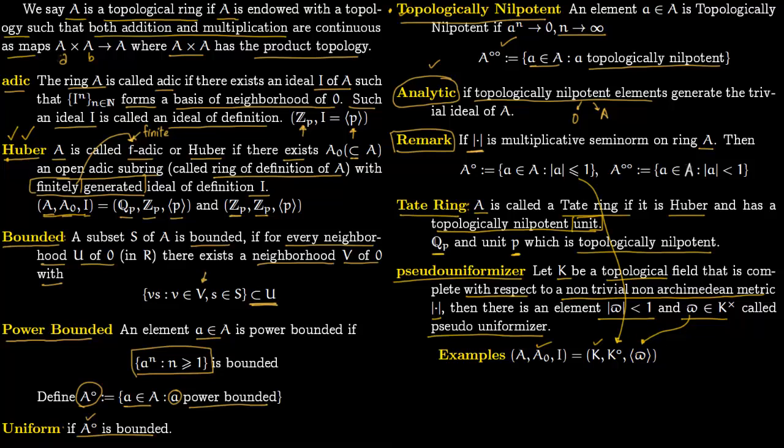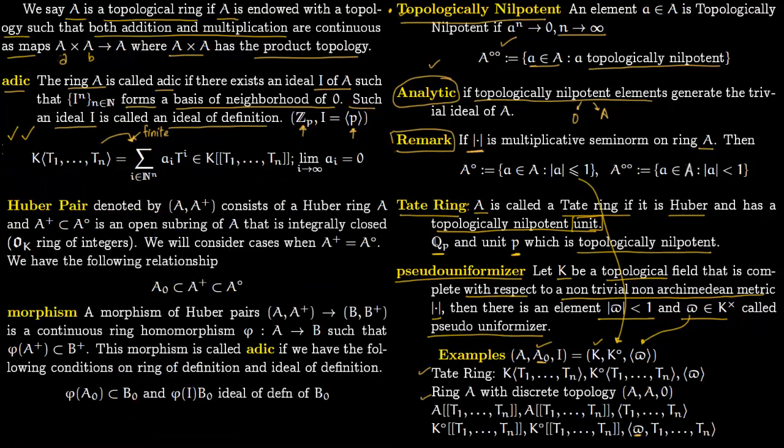Now again, Tate ring. Let us first show you what a Tate ring is. Let us now define Tate rings. Tate rings are written like this, but they are just elements of power series. This I is a multi-index. This T^I represents this multi-index from here, and these are elements of these power series from here, such that this coefficient goes to 0.